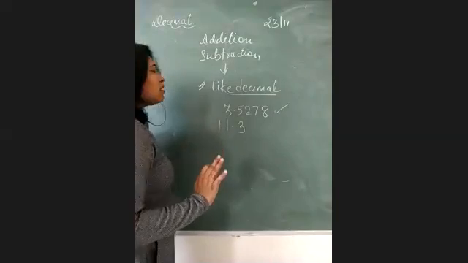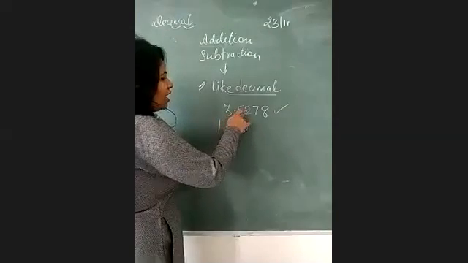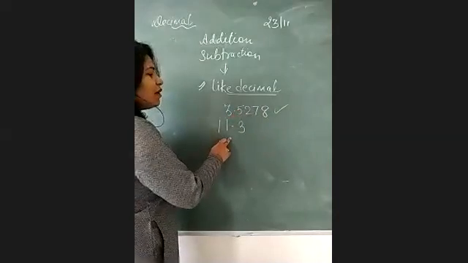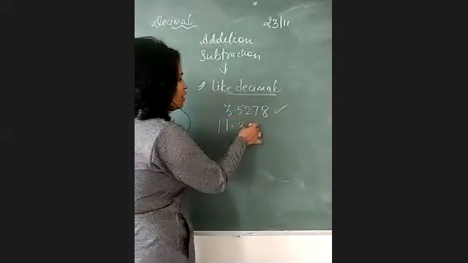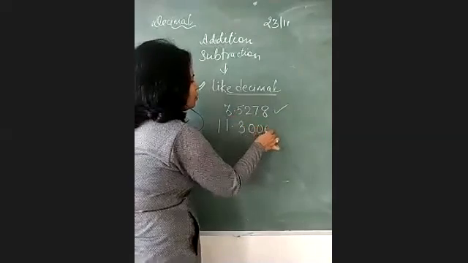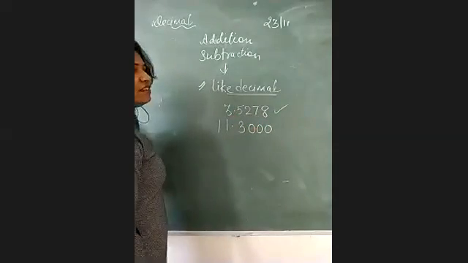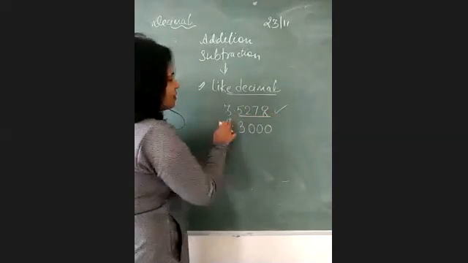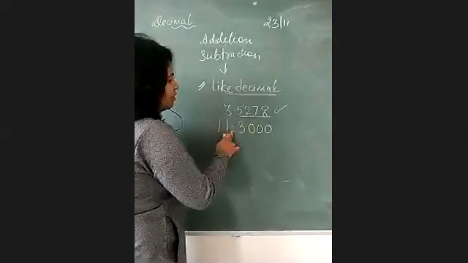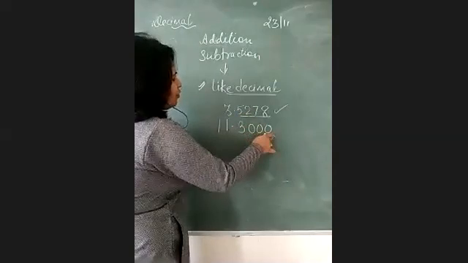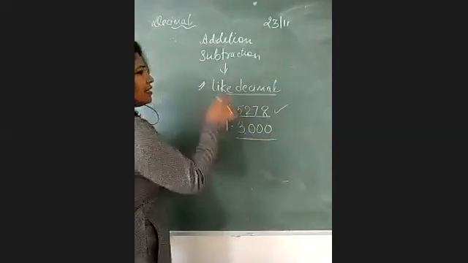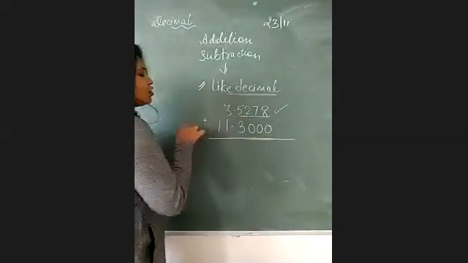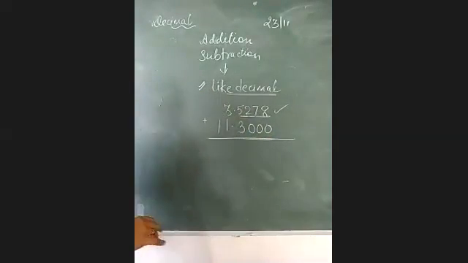Here we have four places after the decimal, here only one place. So after adding 3 zeros, now both numbers are like decimal, with four places after the decimal. And once you have like decimal, you can add the numbers easily.